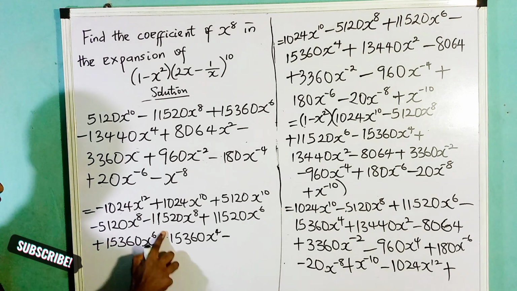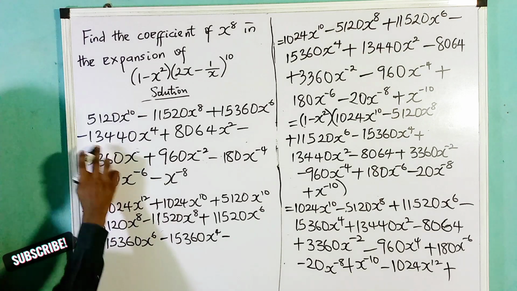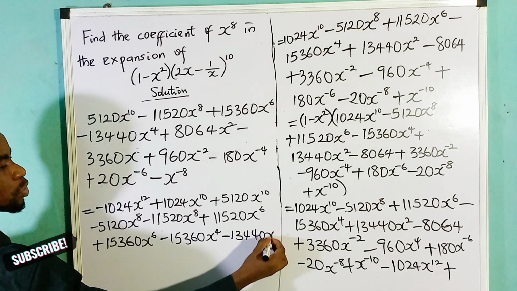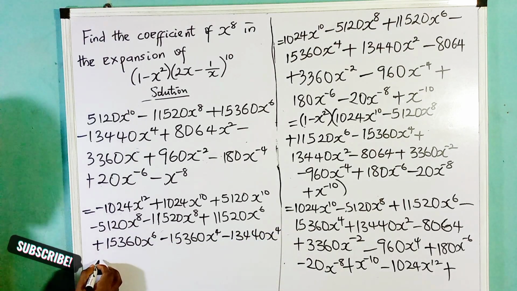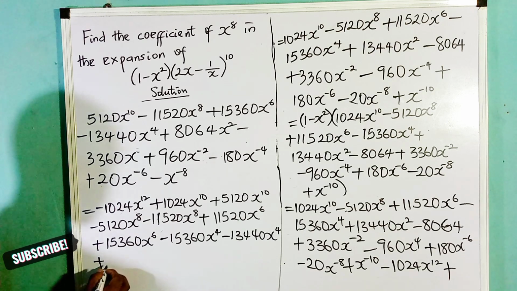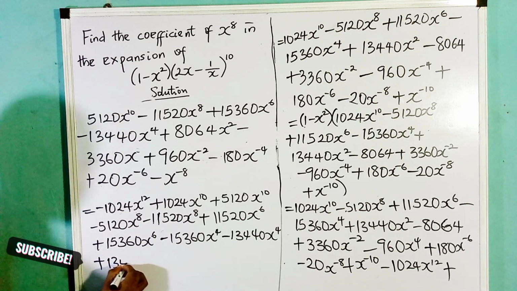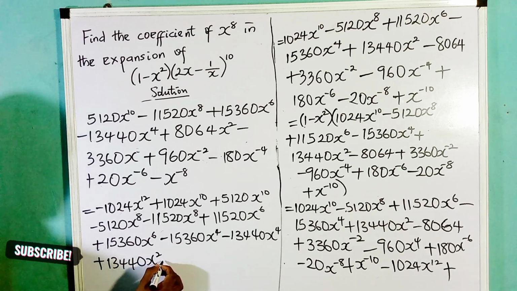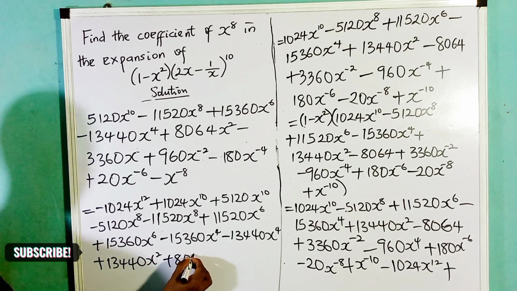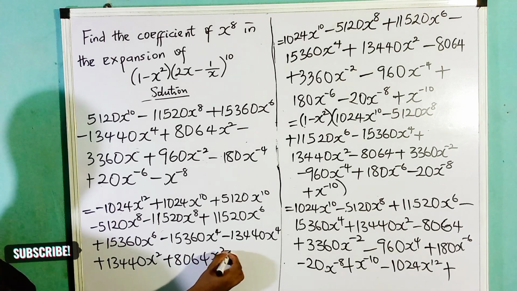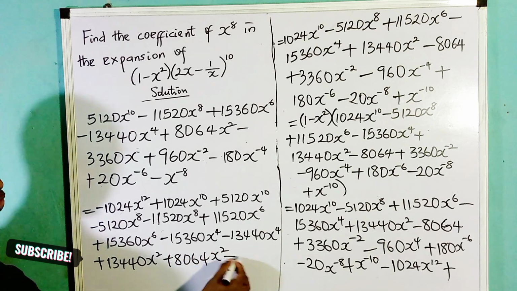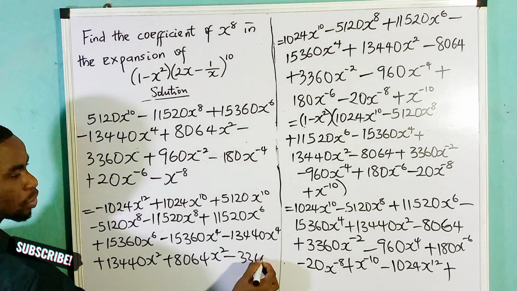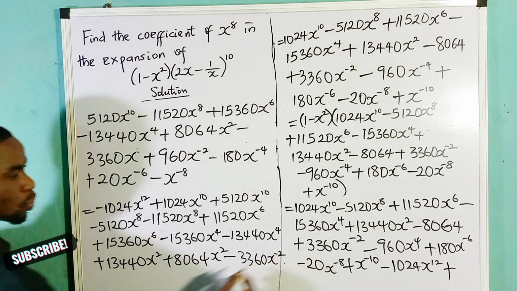No, at this point, please, this is minus 13440 x raised to power 4, plus 13440 x raised to power 2 plus 8064 x squared minus 3360 x raised to power minus 2.